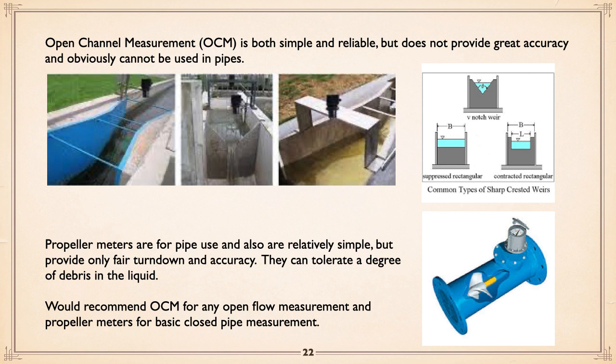They don't provide great accuracy, and they obviously can't be used in pipes, but they're reasonably accurate and useful in their own location, like discharges from treatment plants and stuff like that. Propeller meters are intended for pipes. They're relatively simple, but only fair turn down and accuracy, and tolerate a degree of debris. I would recommend open channel for any open flow measurement and prop meters for basic closed pipe measurement.